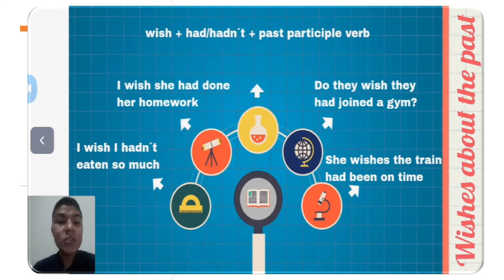It means that the train was not on time as she was expecting, and that is why she's expressing that wish. So that is the way that we need to follow to use the wishes about the past. And there are other structures to express wishes in the present and in the future. So let us listen carefully to my classmate, and she will be giving you more details about the other structures to express wishes.